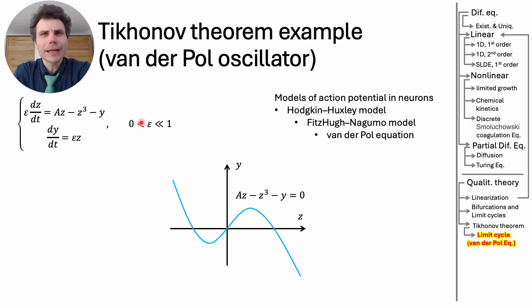I'm not going to really discuss the technicalities here, but the fact that epsilon is expected to be small has a lot to do with the formulation of Tikhonov's theorem as such. The limits in which we can consider Tikhonov's approximation rely on a certain parameter to be small.